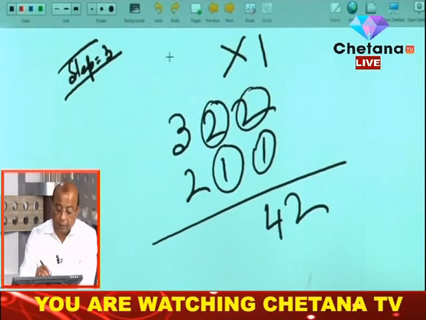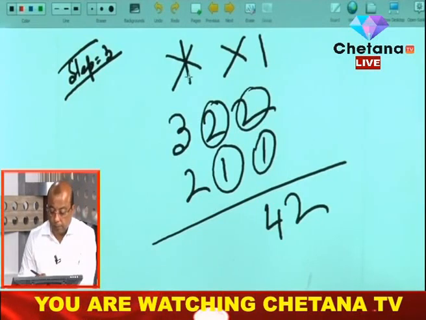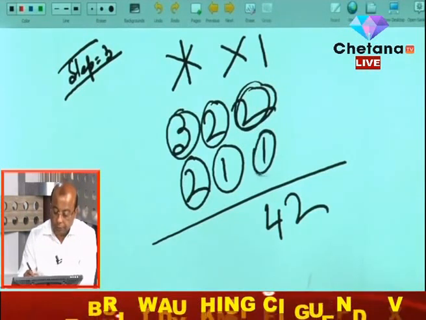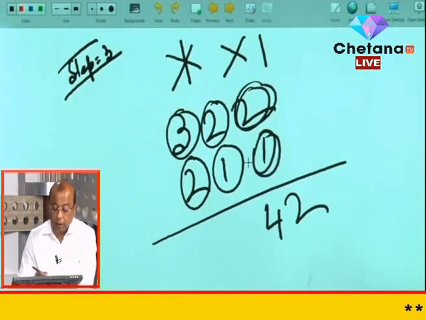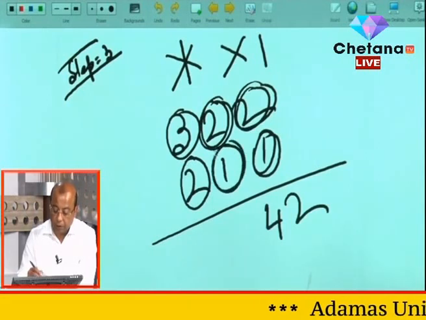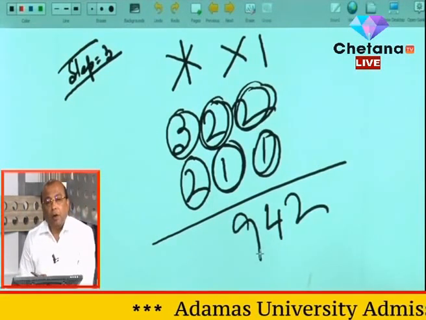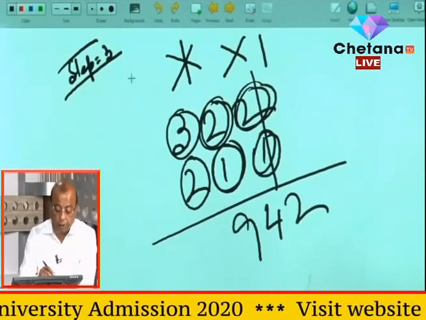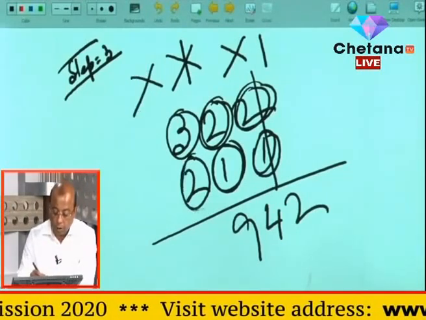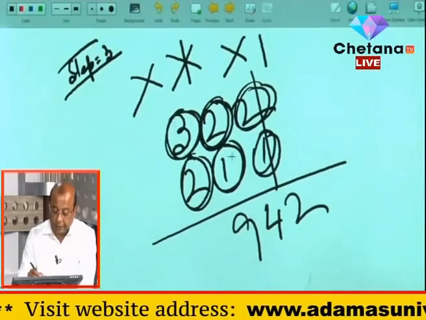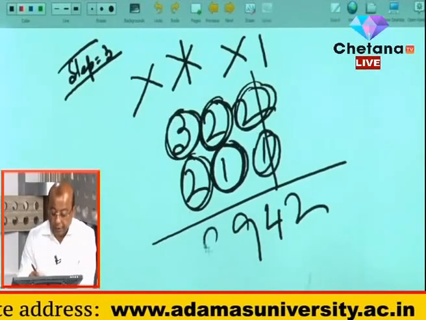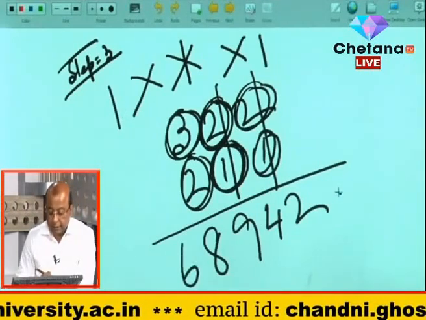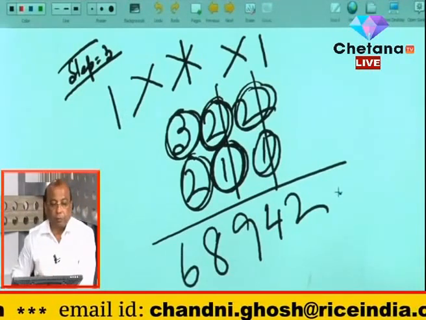When you consider this third column, that is 4, 3, 7. 2 into 1, 2. 7 plus 2, 9. 1 in hand. Next cross. 4 plus 3, 7 plus 1, 8. Next straight and 6. So 6, 8, 9, 4, 2.